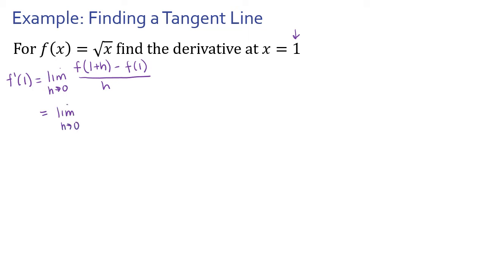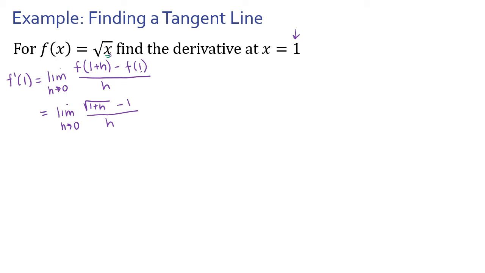When I put 1 plus h in for x, I'm going to get the square root of 1 plus h. And then I have minus, when I substitute 1 in for x, I get the square root of 1, which is 1, all over h.